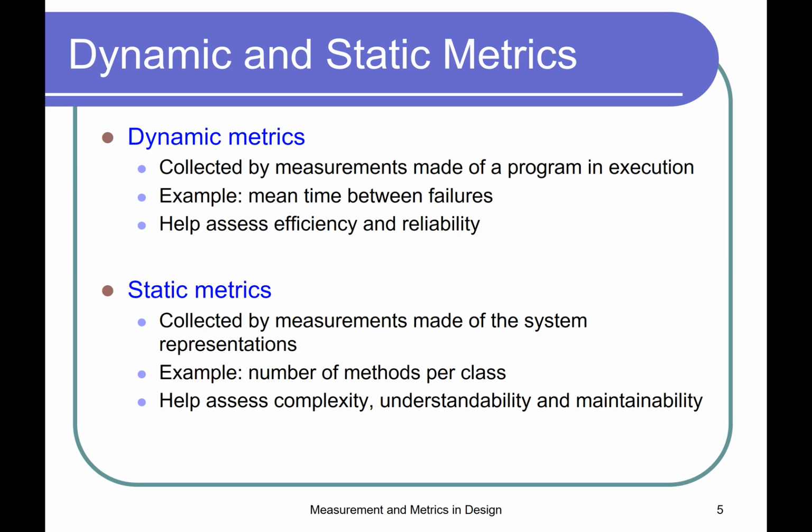These are the sort of metrics that are good to help me assess things like complexity, understandability, and maintainability. Now these are things I can only figure out while the software is in a pause state, an idle state, and I look at the artifact, I look at the source code.